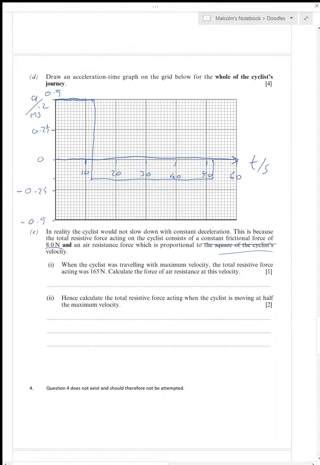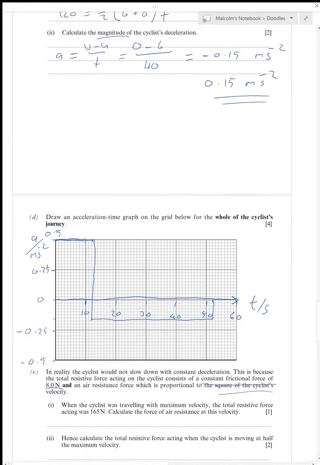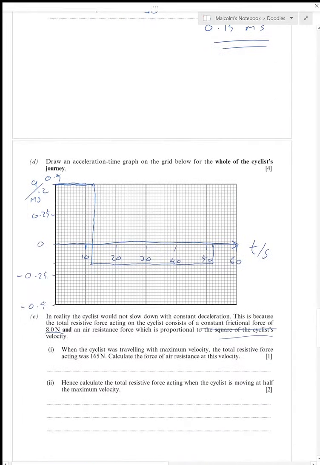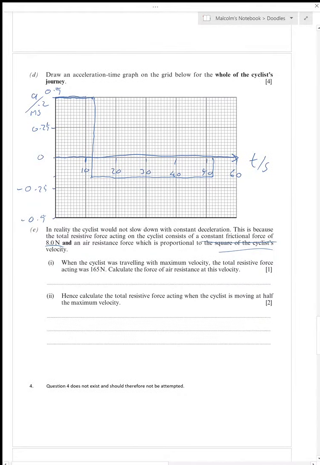So when the cyclist is traveling at maximum velocity, and remind ourselves that that maximum velocity was 6 meters per second from this question, the total resistive force acting was 165 newtons. Calculate the force of air resistance at this velocity. So the frictional force is constant. So if the total resistive force was 165, we can just subtract the constant frictional force from that to get the air resistance force.